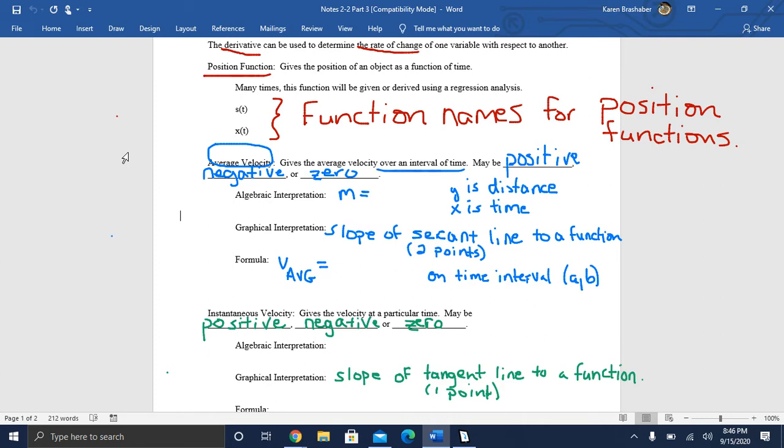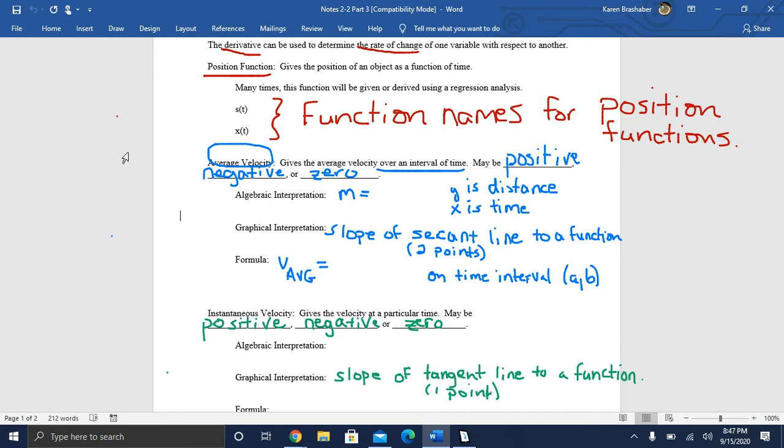Now, with velocity, those of you who've been through physics know that velocity is not only measured as a positive number, but also as negative or zero, because velocity not only involves your speed, but also the direction. So it can be a negative, a positive, or a zero.